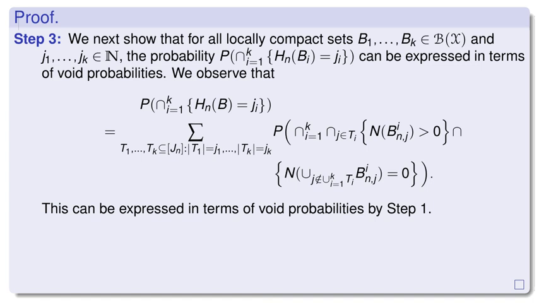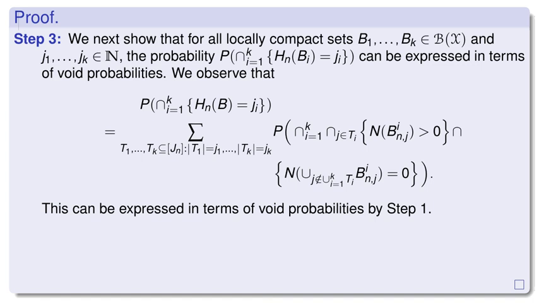This sum is over all possible collections of subsets T1 through Tk, where each Ti is a subset of the indices from 1 to Jn, and the cardinality of Ti is Ji.